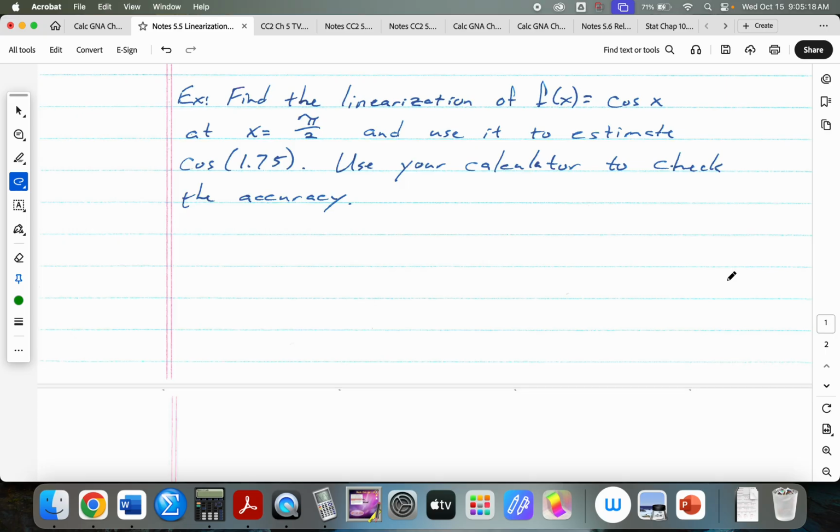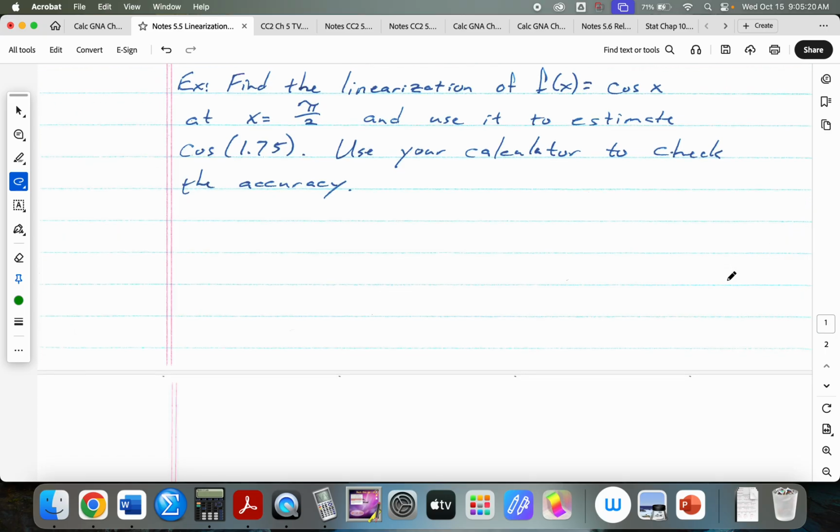All right, so let's try this one. Find the linearization of f of x equals cosine of x at x equals pi over 2, and use it to estimate the cosine of 1.75. Use your calculator to check the accuracy.